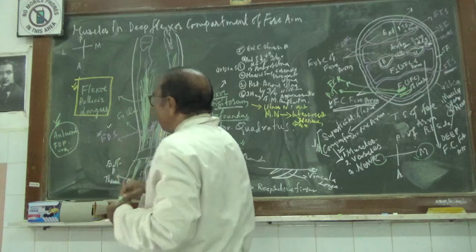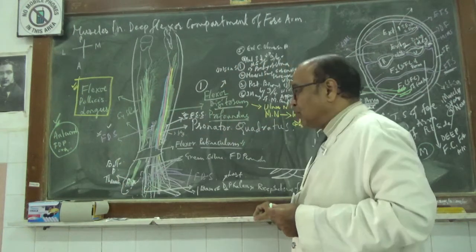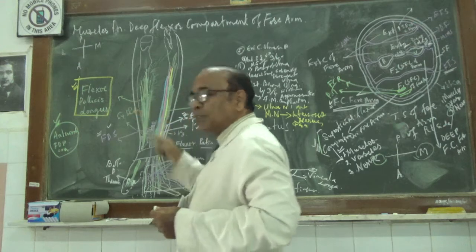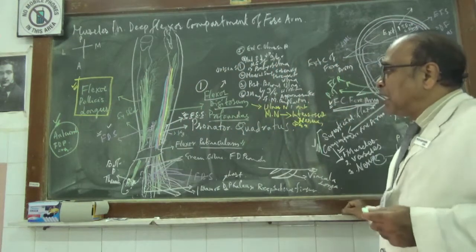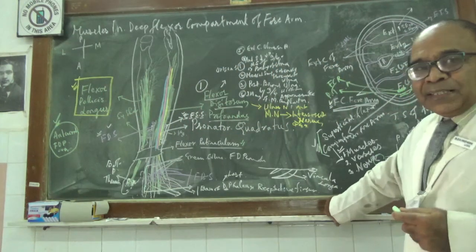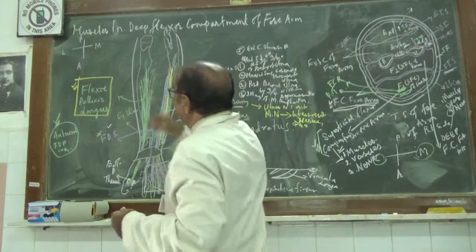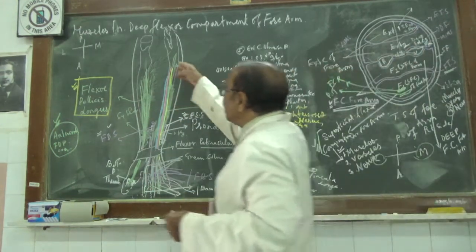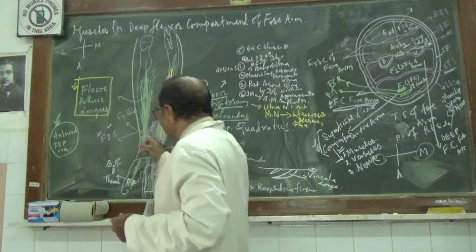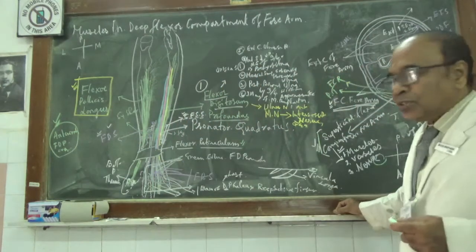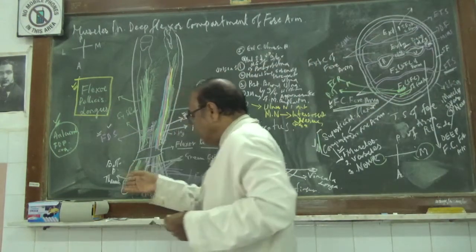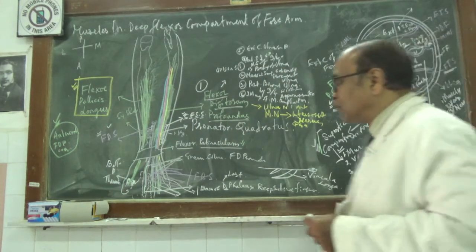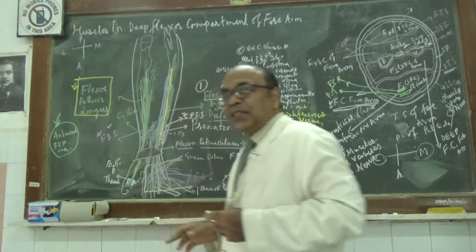Then you have an oblique line, partially, then the periosteum of the radius and the anterior surface of the radius, and the anterior surface of partly the coronoid process of the ulna. Then at the level of the wrist, behind, it is related to the pronator quadratus. At the point of insertion, behind, it is related to the base of the distal phalanx of the thumb. So this is the relation behind.